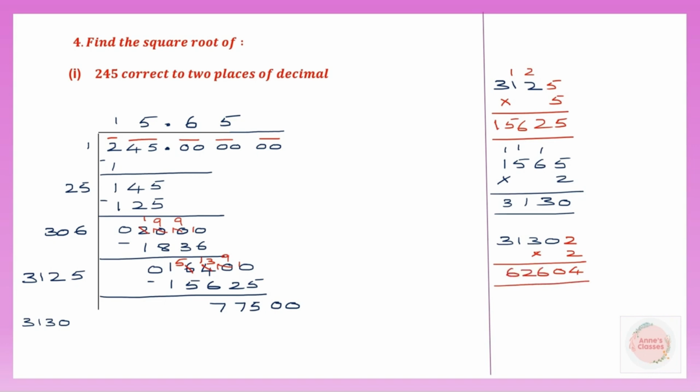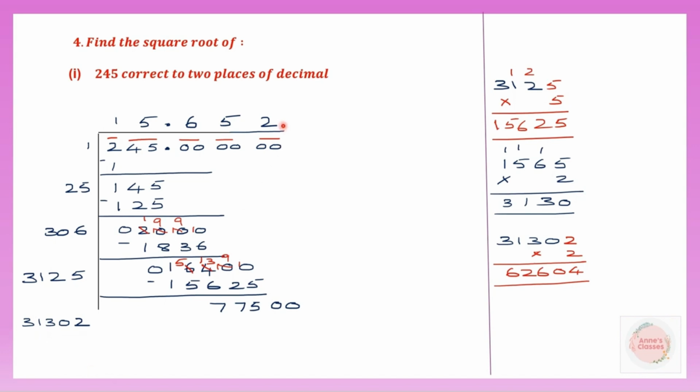So this is 62,604. That should be the closest to this, because if we multiply by 3, then it will become 3 threes are 9. It will go to 90,000. So this must be the most suitable one. That means we have to write 2 next to 3130. So let's put 2 here and carry that 2 on top. So what is our number now?